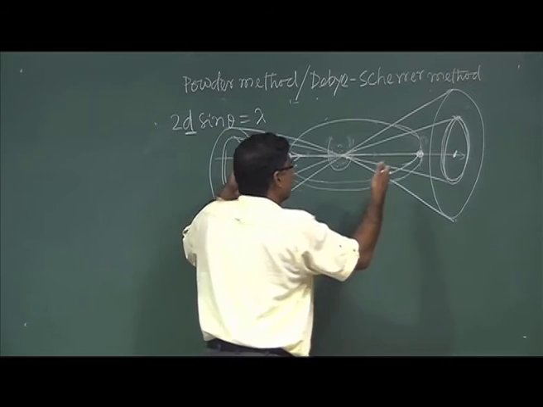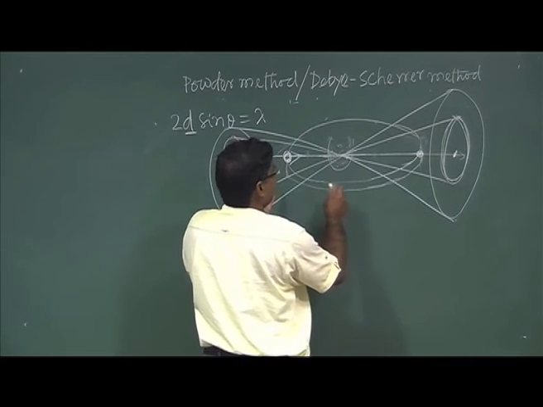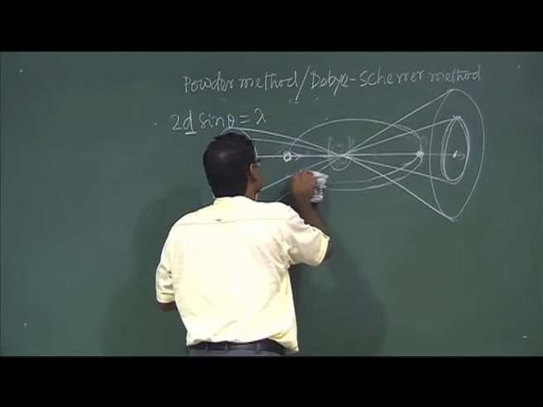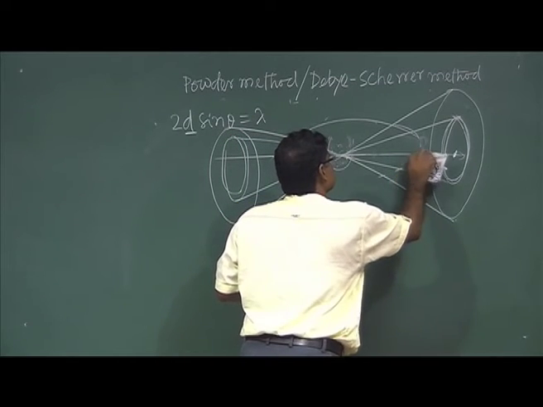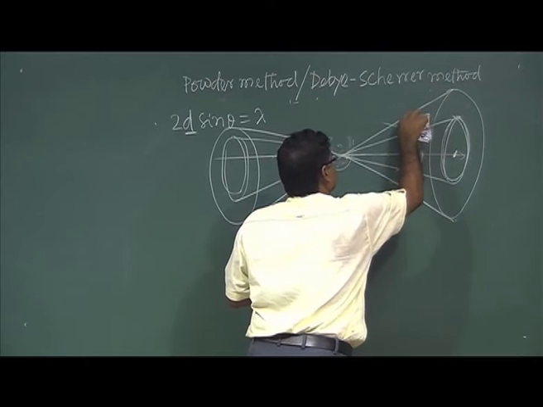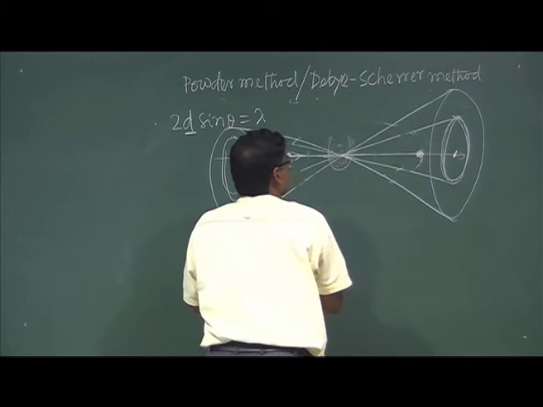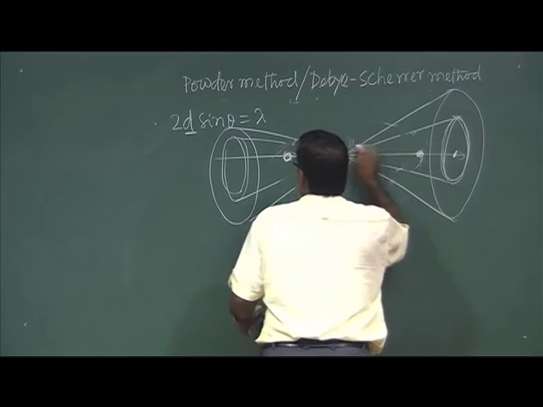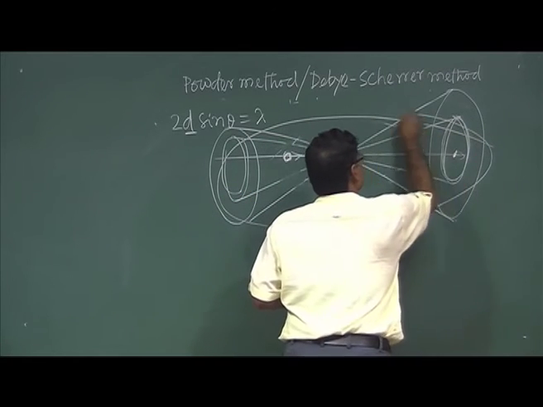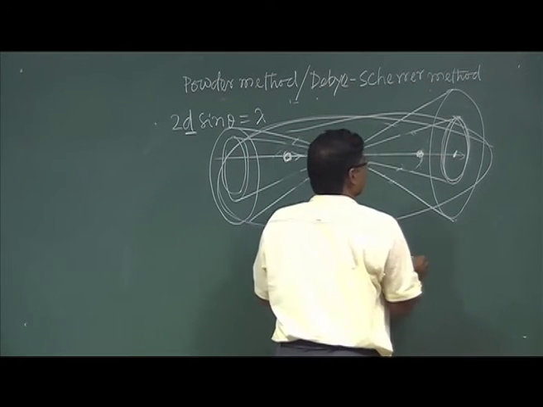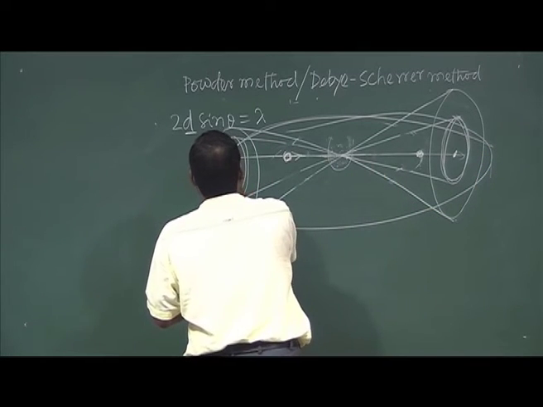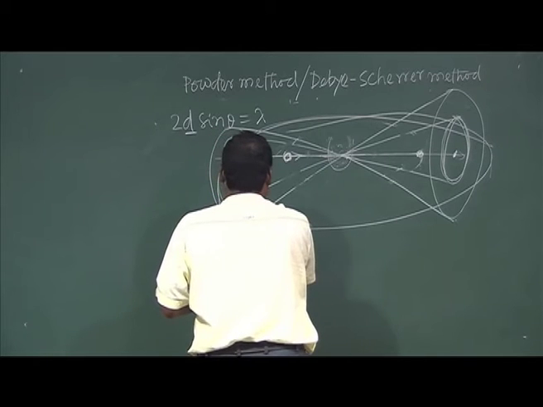Now if I put a photographic plate this way, say here, I can extend it. It has some width, right?